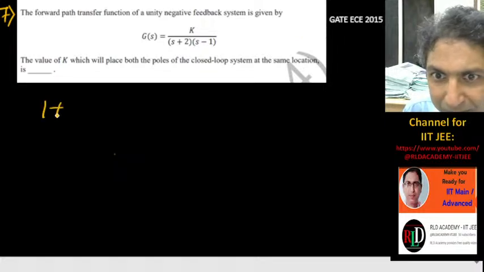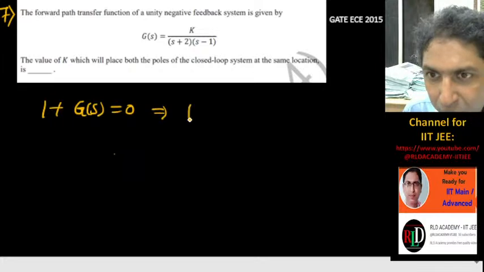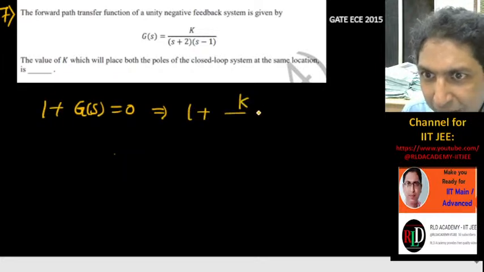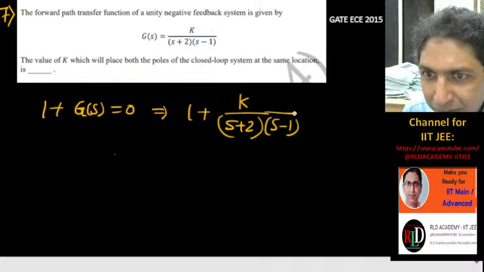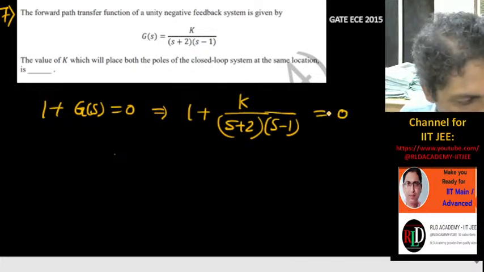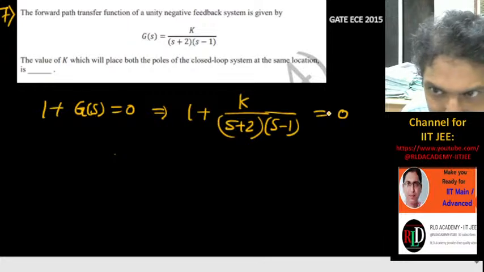So 1 plus G(s) equals 0. That means 1 plus K upon (s plus 2) times (s minus 1) equals 0.